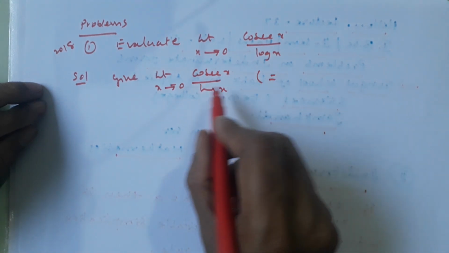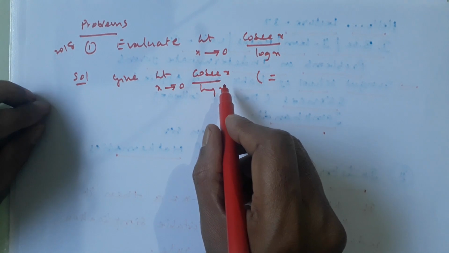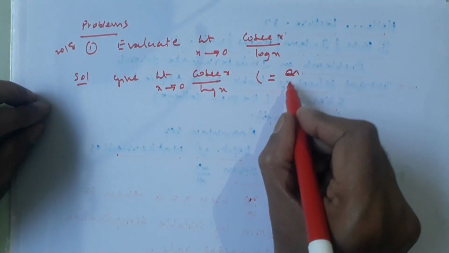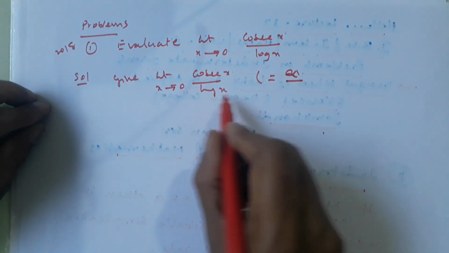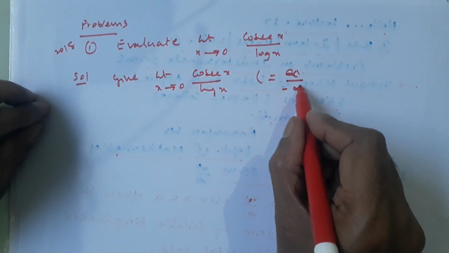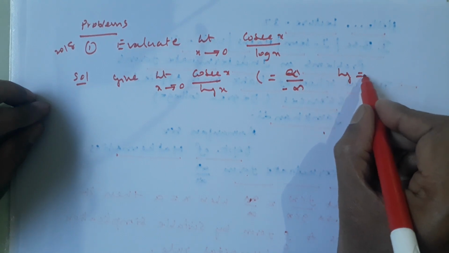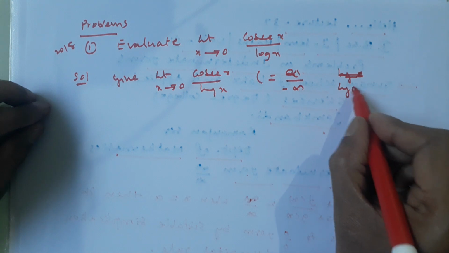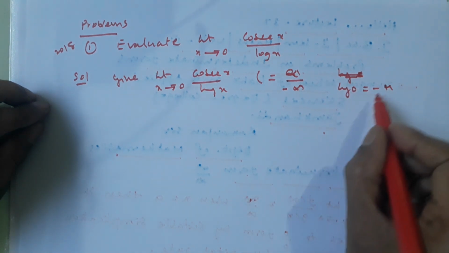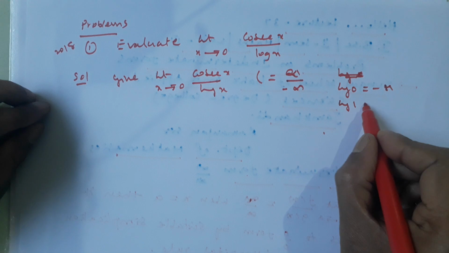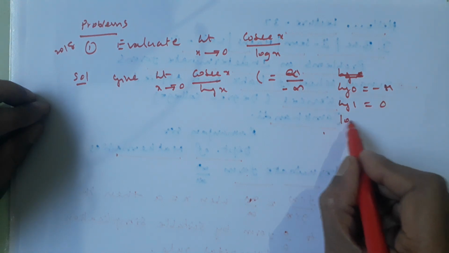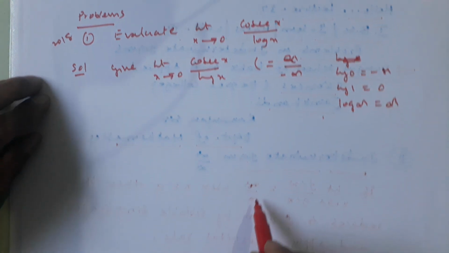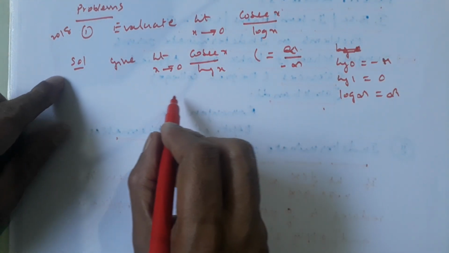As sin 0 is 0, cosecant 0 is infinity, and log 0 is minus infinity. Log 1 is 0, log infinity is equal to infinity. So here it is infinity by infinity form.